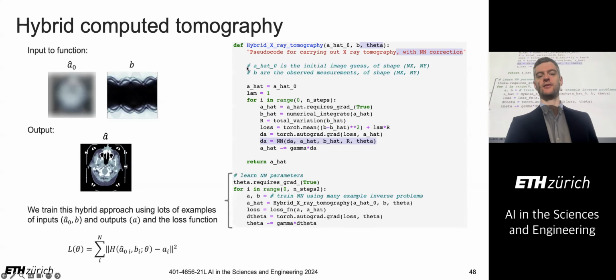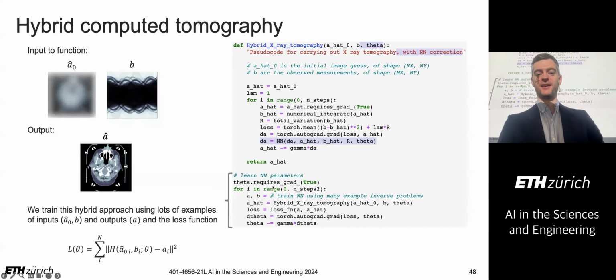Because, as I was saying, we can think of these scientific programs as vector functions, and we can use autodiff to get gradients of the output of that vector function with respect to the weights of the neural network. So we're doing a very simple outer training gradient descent loop here, where we're running gradient descent on gradient descent to train a network. This is where it gets a bit spicy, or a bit exotic, because we're doing kind of learning to learn. We're learning an optimizer to learn the inverse problem.